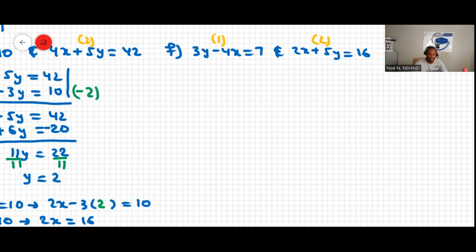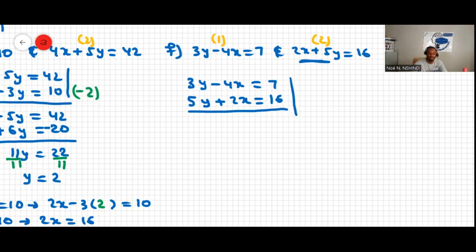Let's just say I want to cancel x. Equation 1 will be 3y minus 4x equal to 7, and equation 2 must be organized: 5y plus 2x equal to 16.